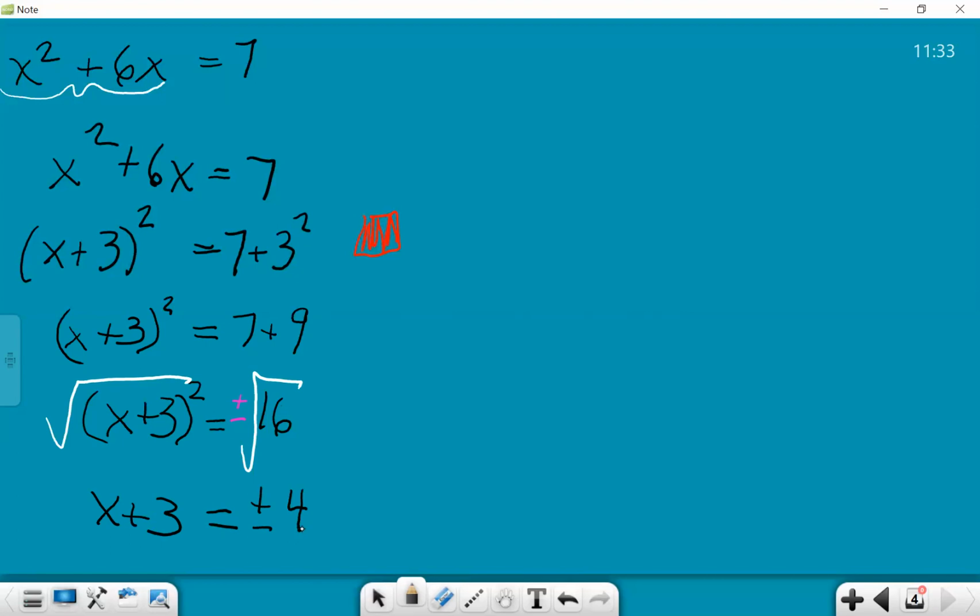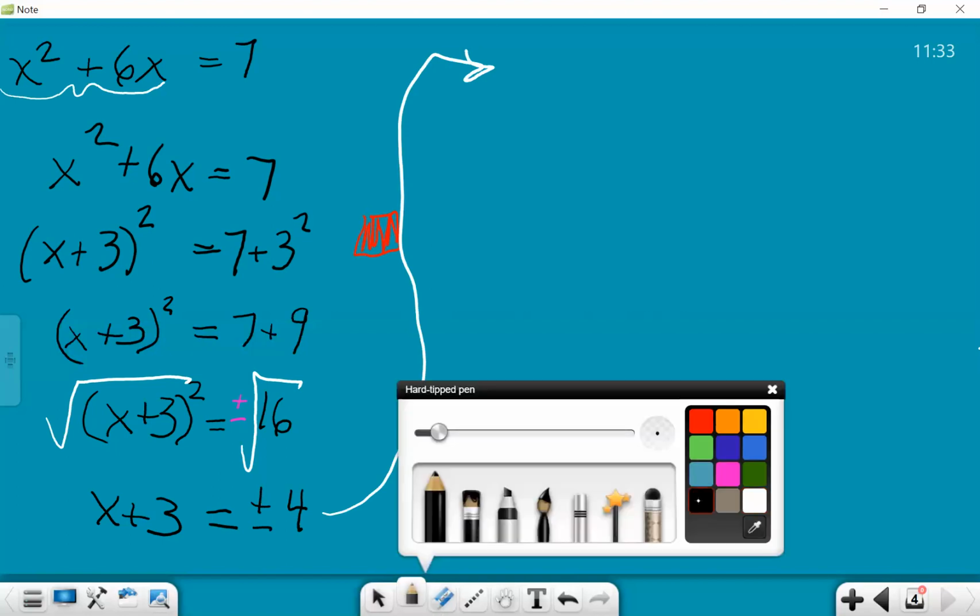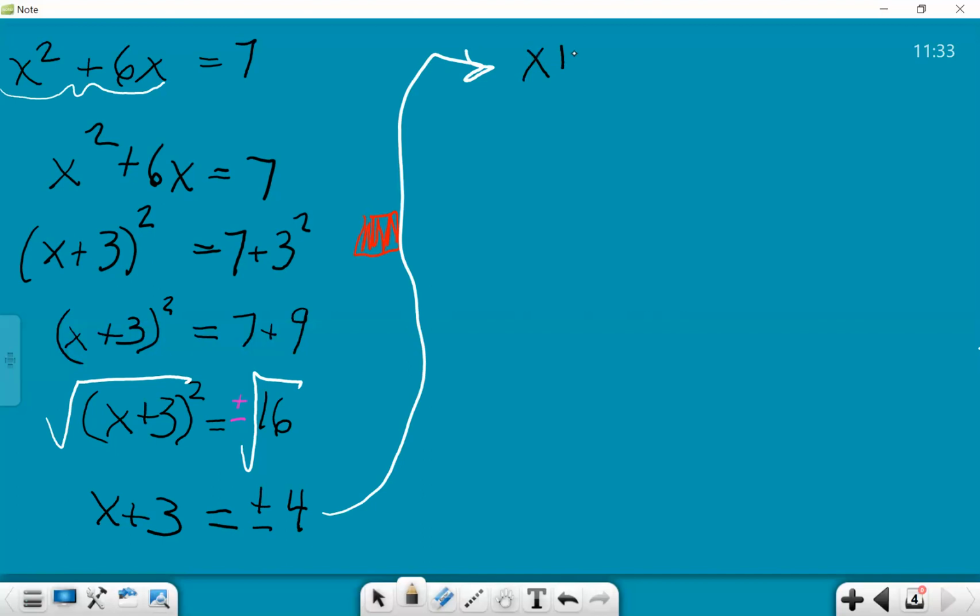So we have this equation to solve now. Bring it up to the top. We have the equation x plus 3 equals plus or minus 4. Two possible solutions here. One, when x plus 3 equals positive 4, the plus version, and the other when x plus 3 equals negative 4, the minus version.